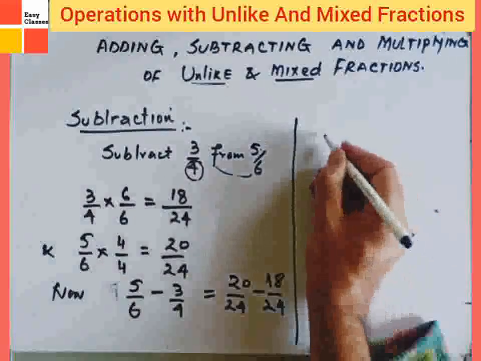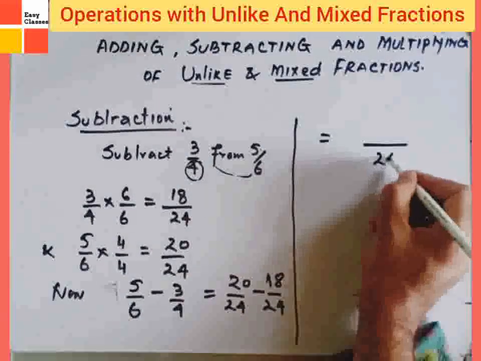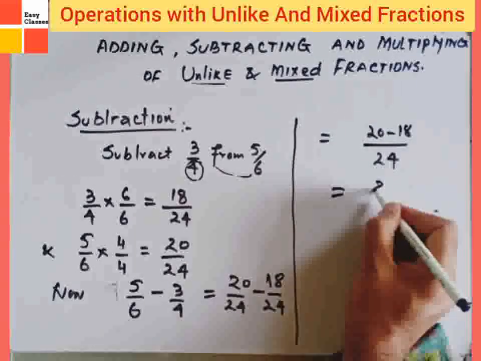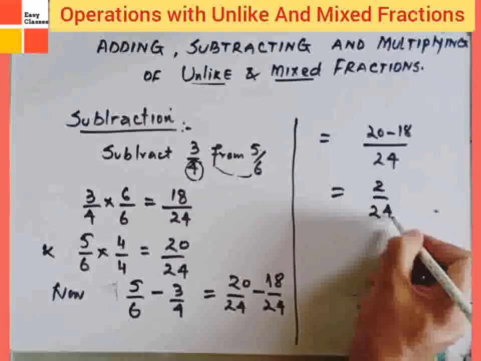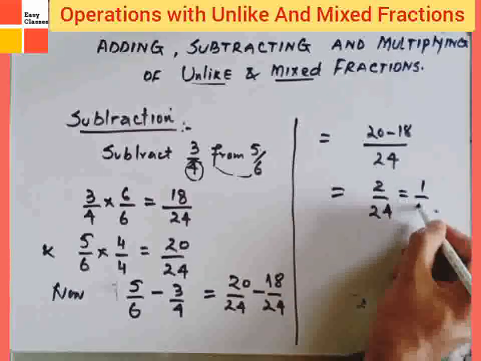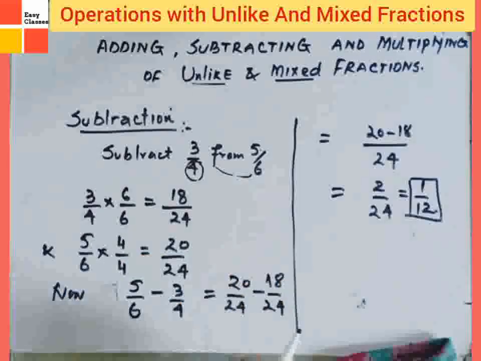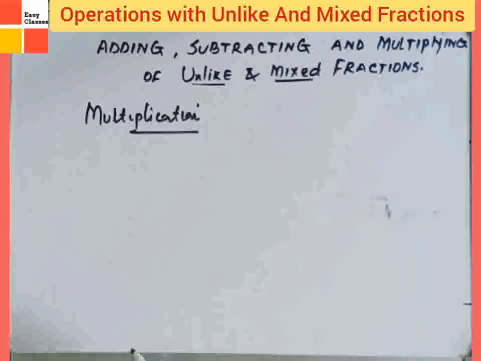Here you will get 24 as common, 20 minus 18, and you will get 2 divided by 24. Reduce it: 2 ones are 2, 2 twelves are 24. So this is the answer, 1/12, right? So this is how we can subtract unlike fractions. Fine. So what about multiplication?